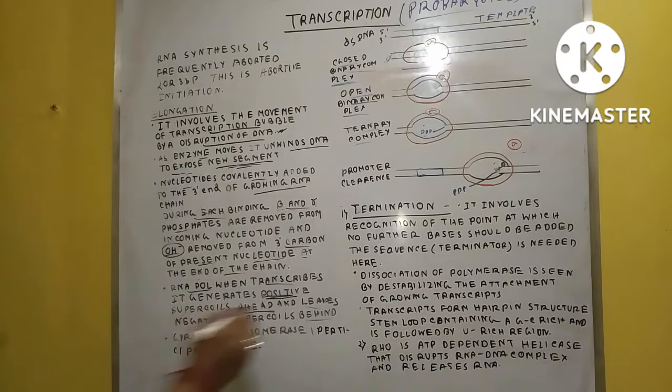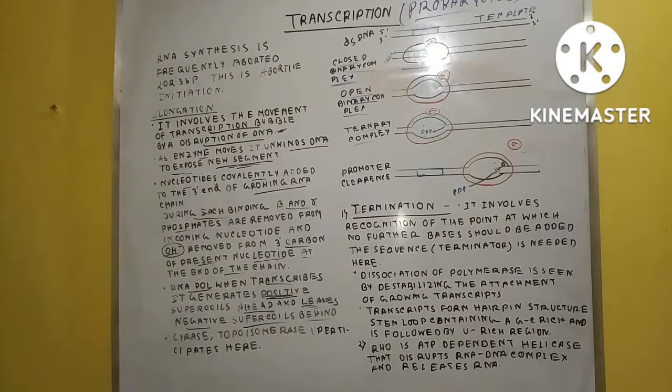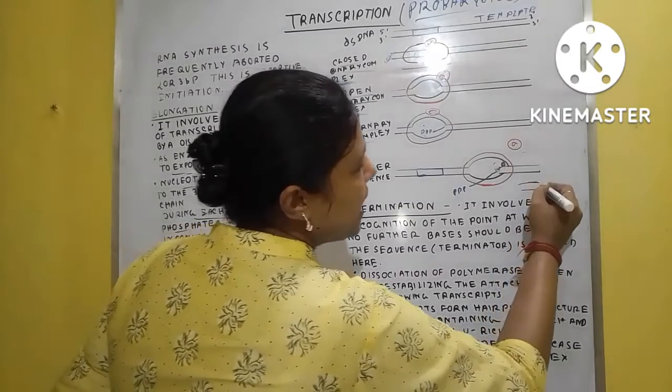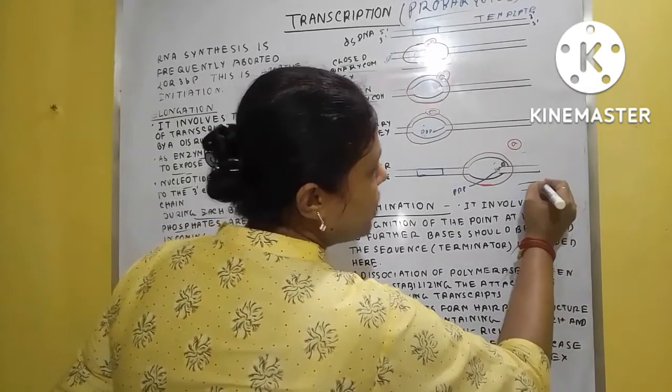Okay, and it leaves the negative supercoils behind. It continues to form the negative supercoils, and after completion of that area, the DNA becomes double helix again. Suppose this is the area. So here the transcription process is completed, and this area becomes joined again.